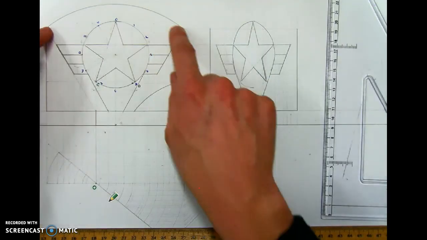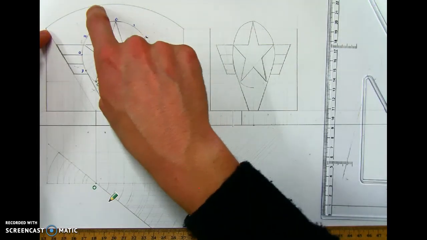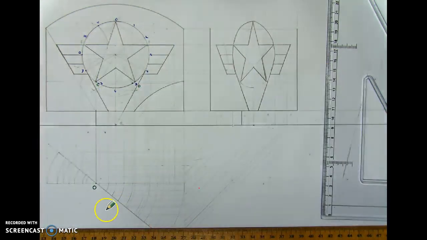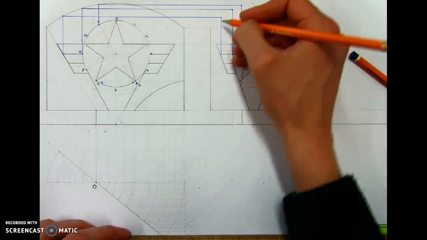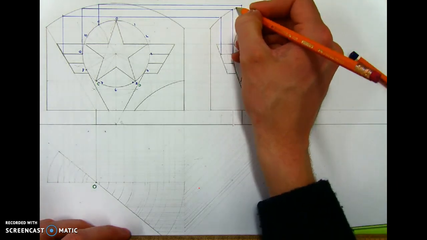To find points on the curve, simply bring point up and bring it across to where it matches in. This is represented by the blue lines, and then they can be brought up correspondingly in the end elevation and hardened in.